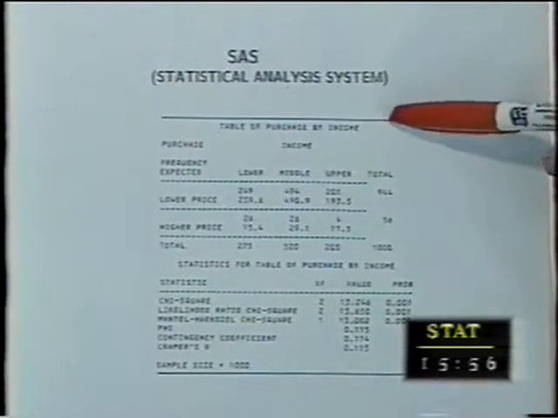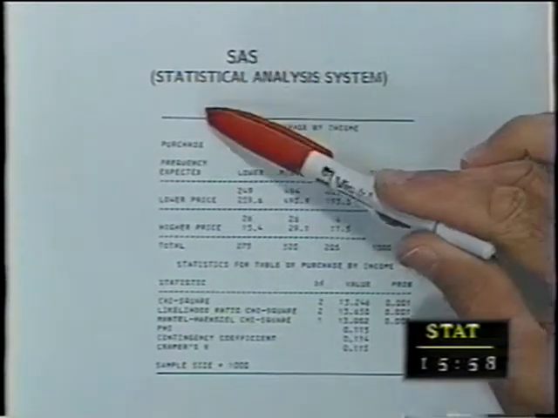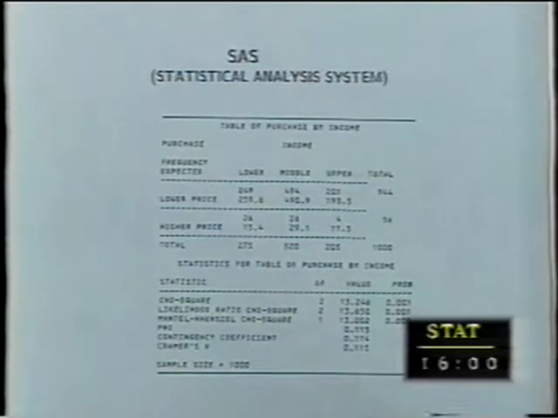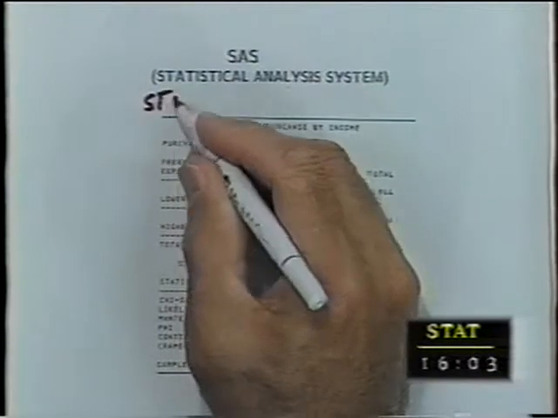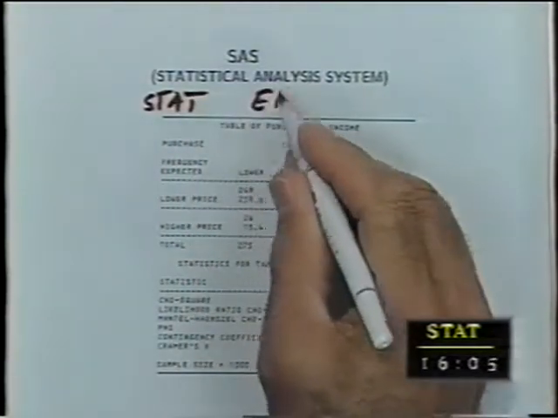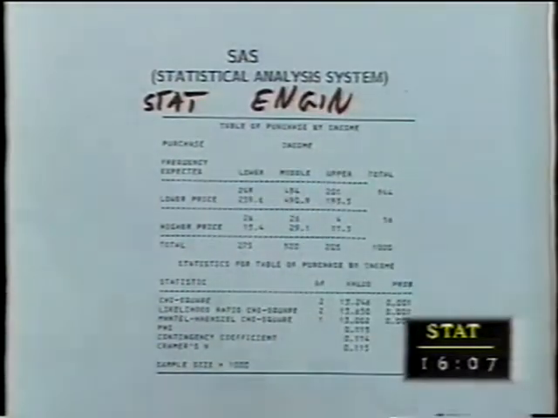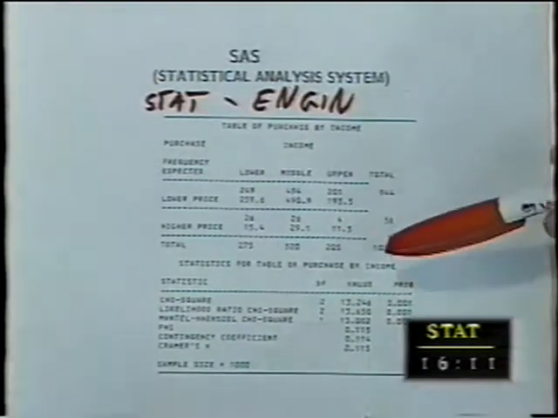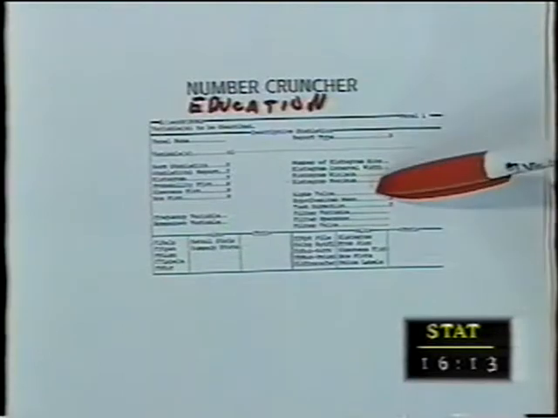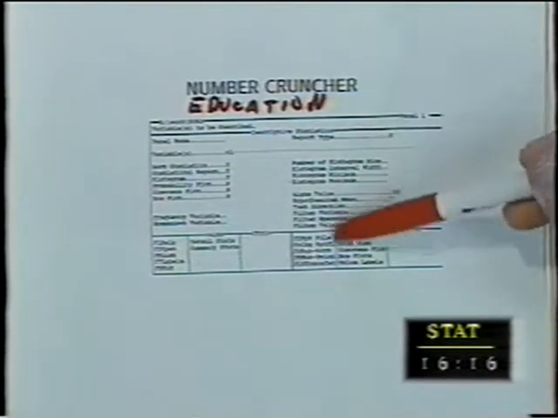Another one, SAS, which stands for Statistical Analysis System. That's used by statisticians and by engineers. Engineers and statisticians will use this. By the way, I should say this, Number Cruncher is also inexpensive. It comes in modules, little modules.